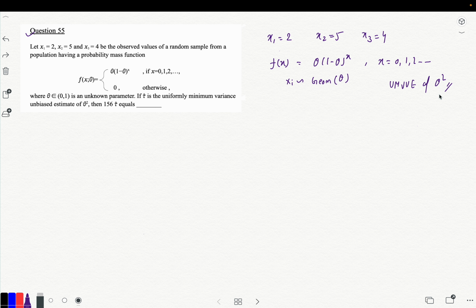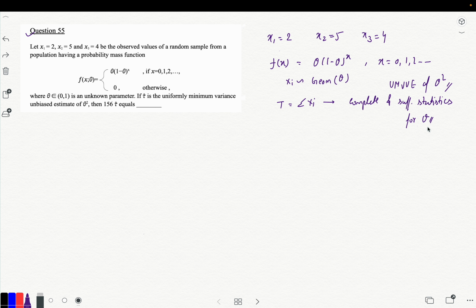So we all know for the geometric distribution T equals summation xi, that is the complete and sufficient statistics for theta, right? We know this.